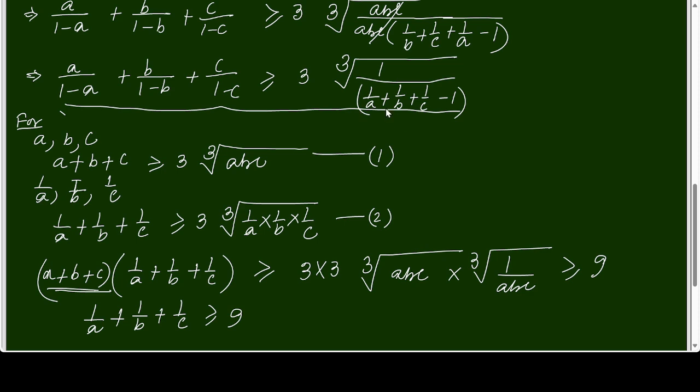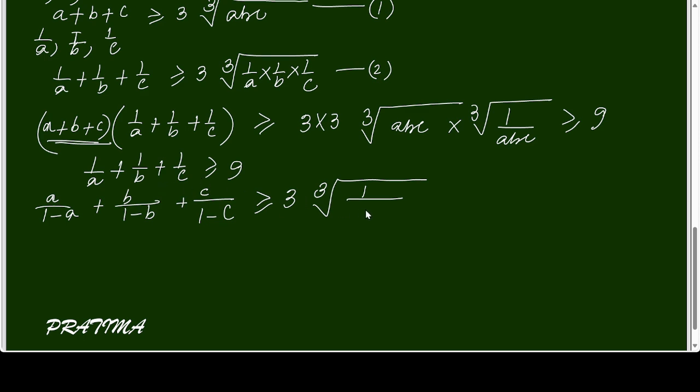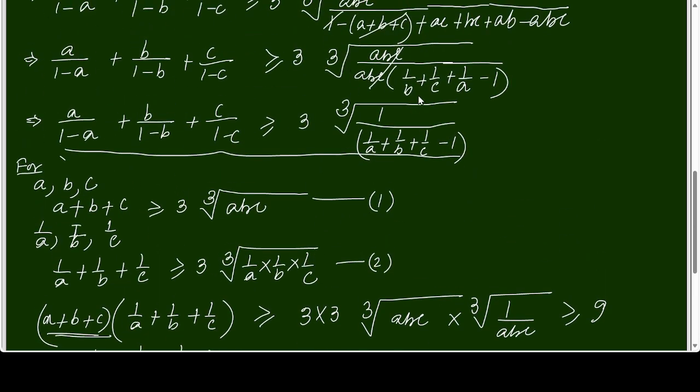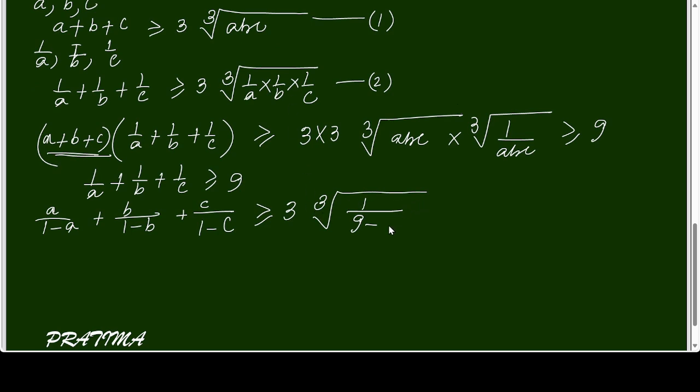Then I'll go back to this expression, and for this I'll apply 9. So a over 1 minus a plus b over 1 minus b plus c over 1 minus c is greater than or equal to 3 times the cube root of 1 over, in place of 1 by a plus 1 by b plus 1 by c, 9, minus 1.